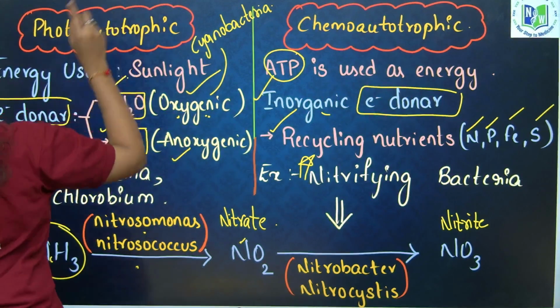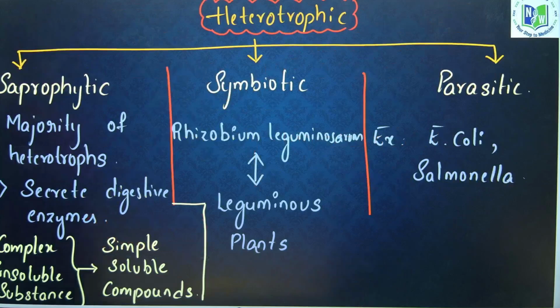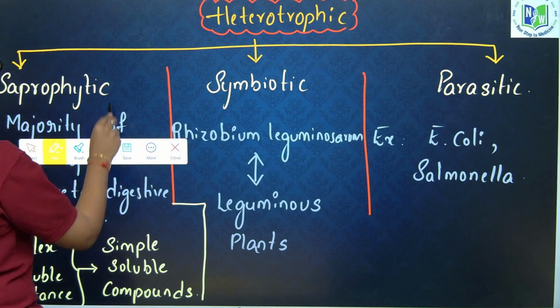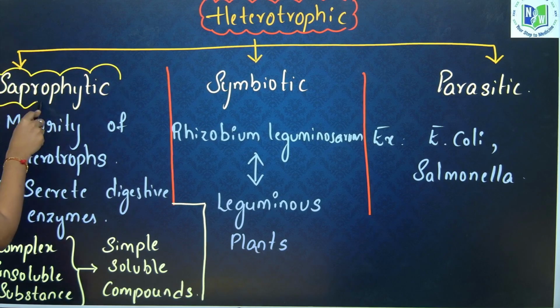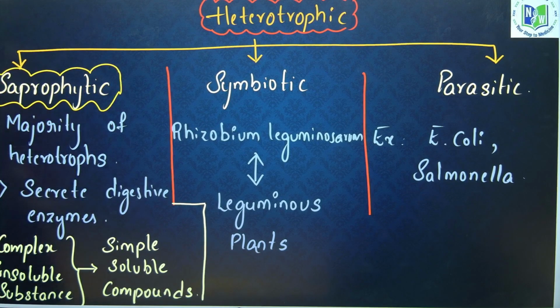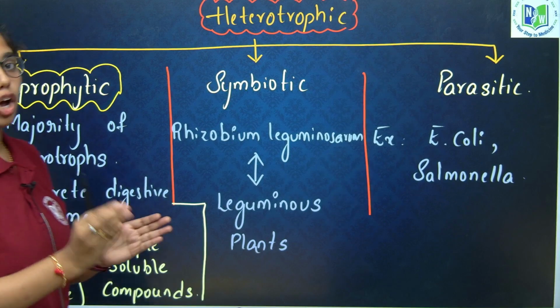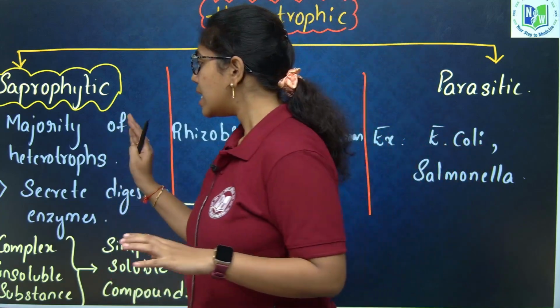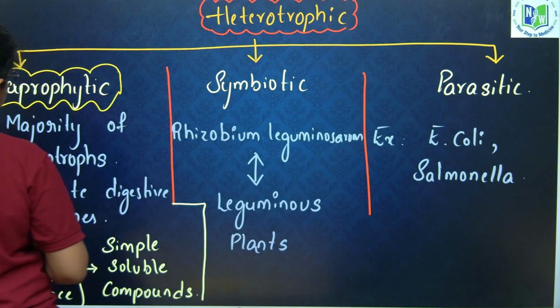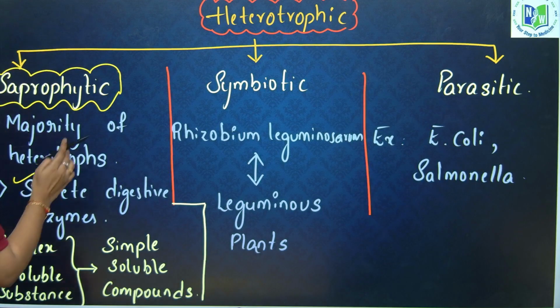Next, heterotrophic bacteria. If you look into here, you have three modes of nutrition under the heterotrophic mode of nutrition. One is saprophytic. Saprophytic are the majority of heterotrophs. Most of them are saprophytic, wherein the bacteria secrete the digestive enzymes outside.